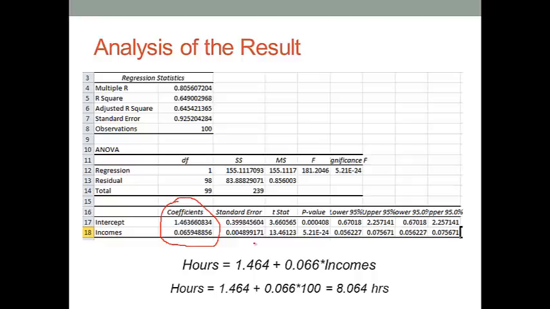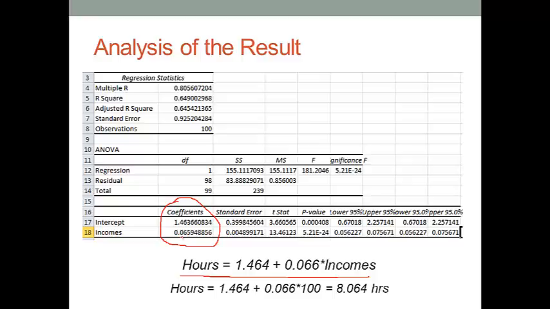This data shows how your independent variable influences the dependent variable. From this report, you can write the equation like this. Hours equals 1.463, which is the value for the intercept, plus 0.066 times incomes.